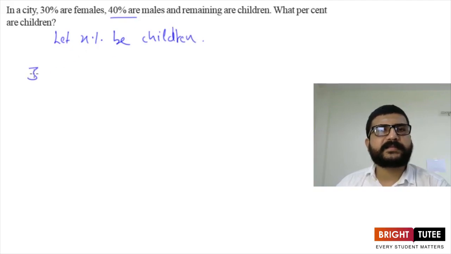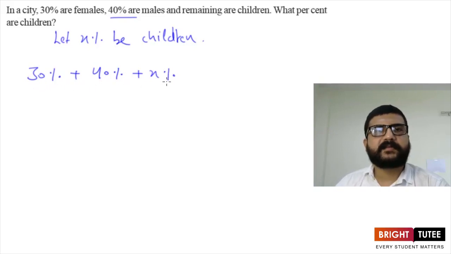So now it means 30% plus 40% plus X percent will sum up to a whole, and that is 100%. 30% plus 40% plus X percent is equal to 100%. Now we have to get the value of X from here.